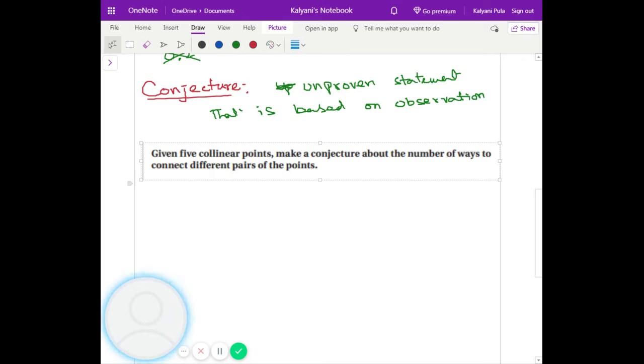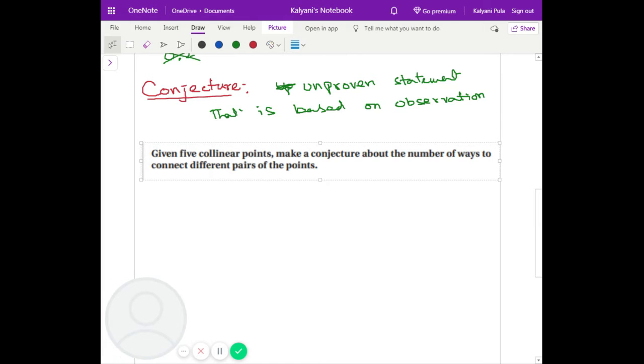Given 5 collinear points, make a conjecture about the number of ways to connect different pairs of the points. So think, and then tell me what you think about it. This question says 5 collinear points. What does collinear mean?